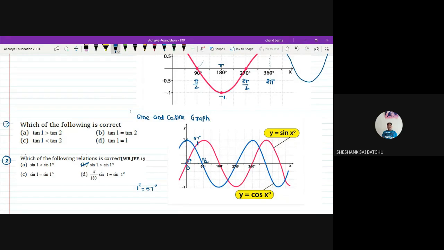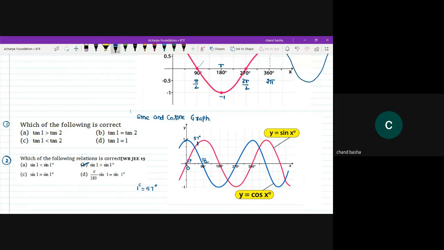That means your curve starts from 1 and decreases to 0, where it will become 0 whenever you are taking 90 degrees. If your angle is 90, then your graph cuts the x-axis at 90 degrees. That means your value will be 0. See here, at pi by 2, it touches the x-axis.